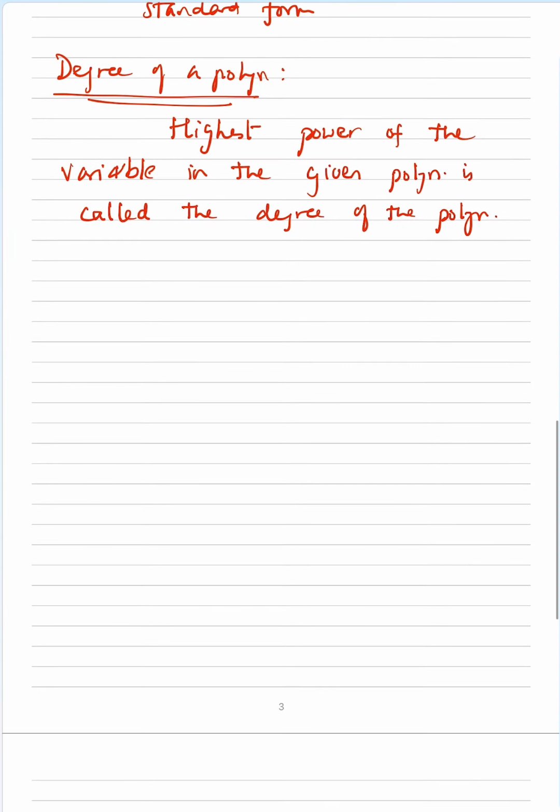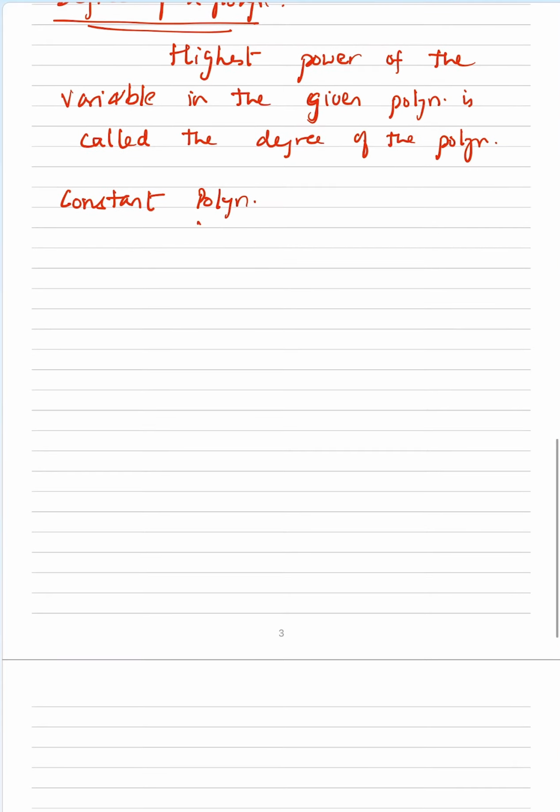Now we will learn about the constant polynomial. See, constant polynomial is always a monomial. It is only one term. Okay, constant polynomial is nothing but a term which is having a variable of exponent 0.